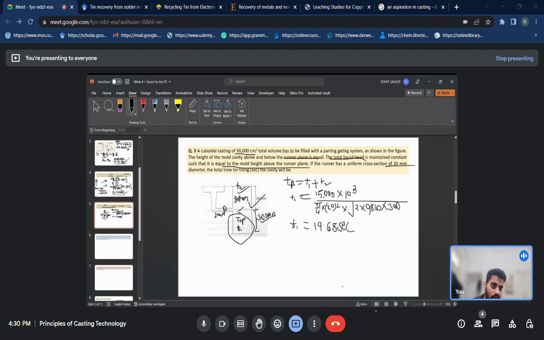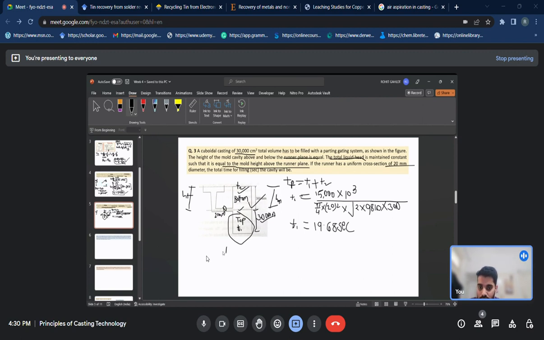And how I told this: if you see here, this height is the total height ht, and this height which we need to fill is hm. These are equal.